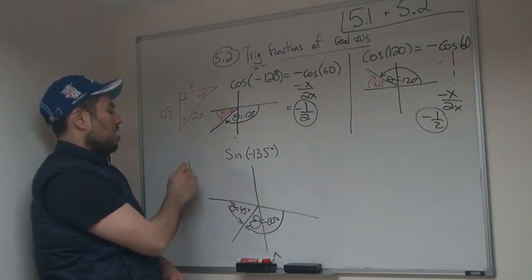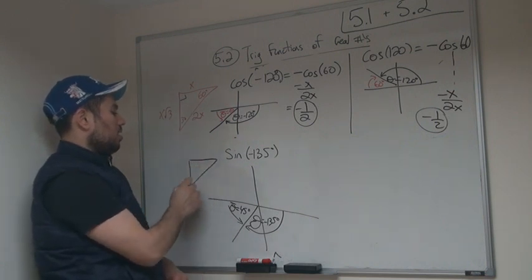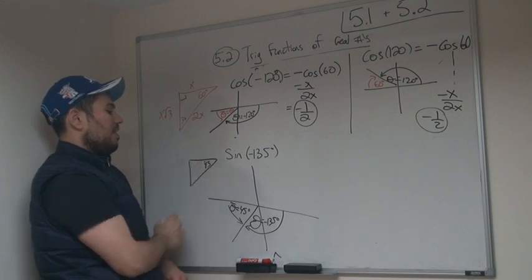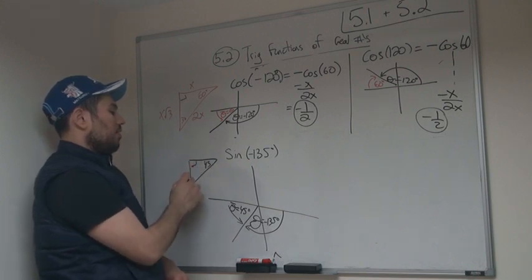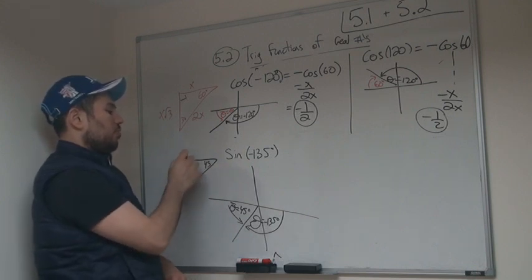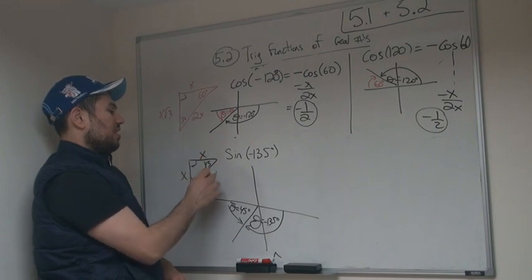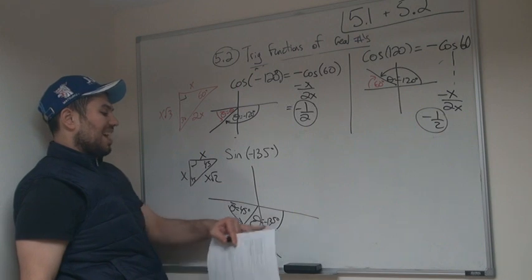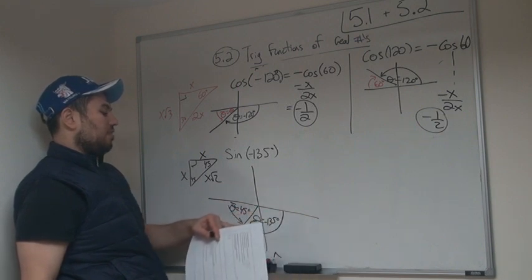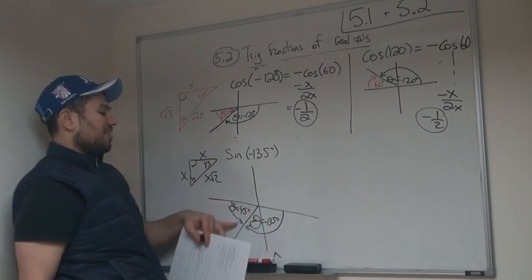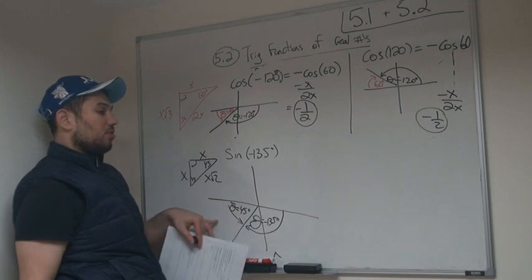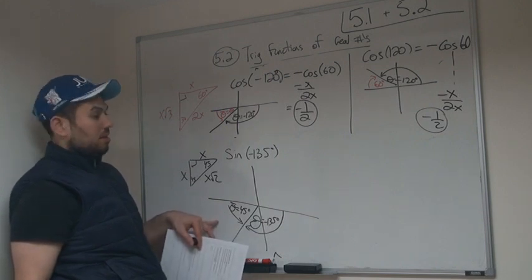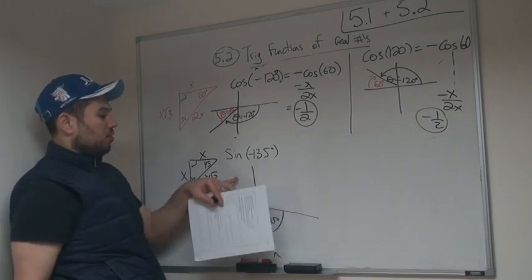So my reference triangle has a 45 degree angle. 45, 45, 90 is proportional in terms of x, x, x root 2. So the sine of negative 135 degrees would be equal to the sine of the reference angle in the third quadrant, but in quadrant 3, all students take.